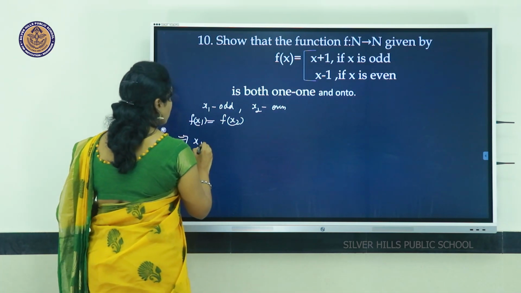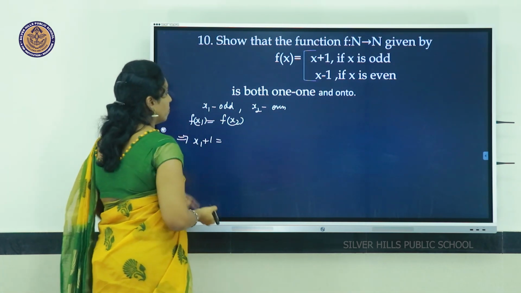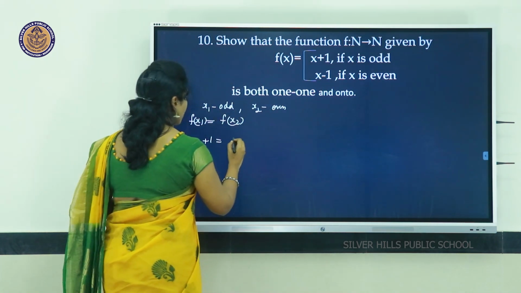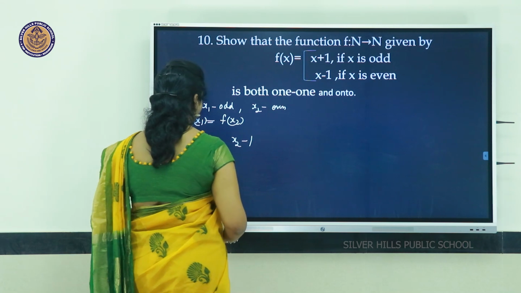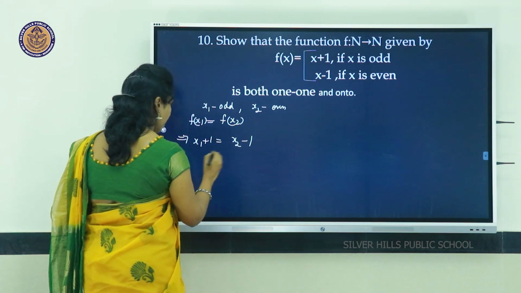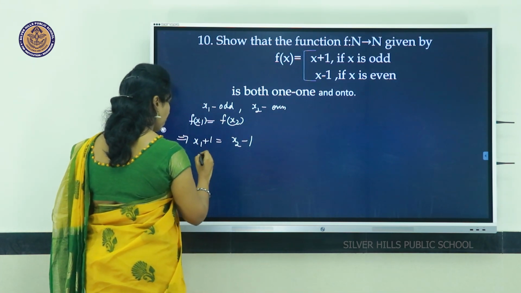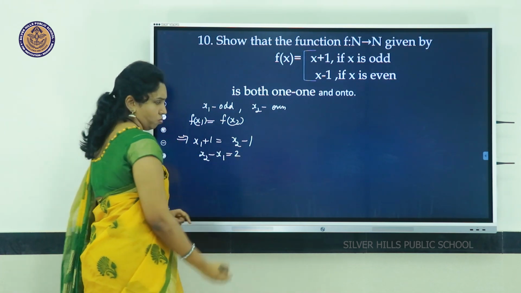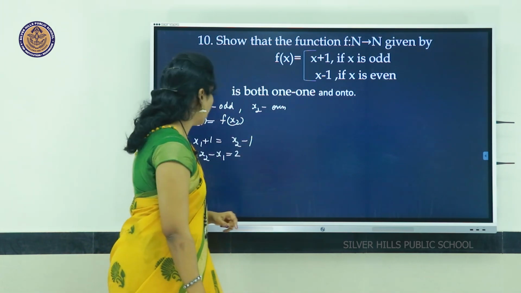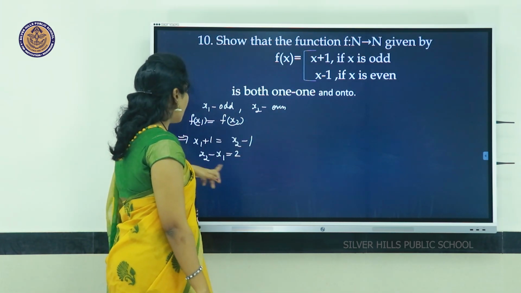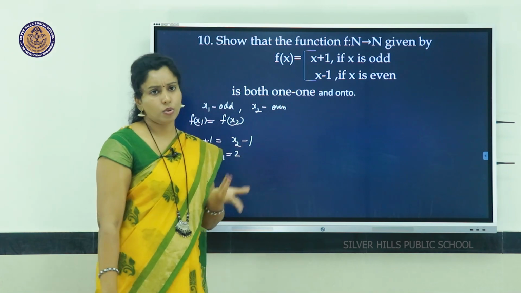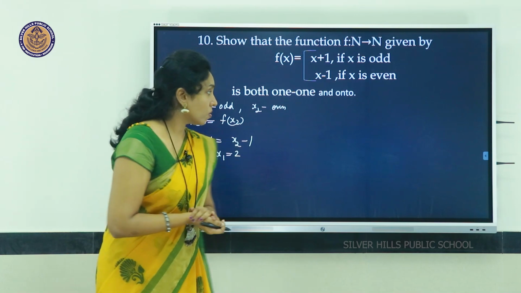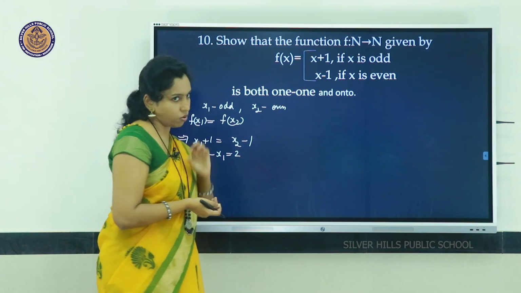I get x1 plus 1 is equal to, when x2 is even I go to this, so I get x2 minus 1. So, if you shift x1 and bring 1 there, we get x2 minus x1 is equal to 2. That is not true. Okay, x2 is an even number minus an odd number, 2. No, we need to get the condition x1 equal to x2. So, this selection of x1 and x2 is wrong.